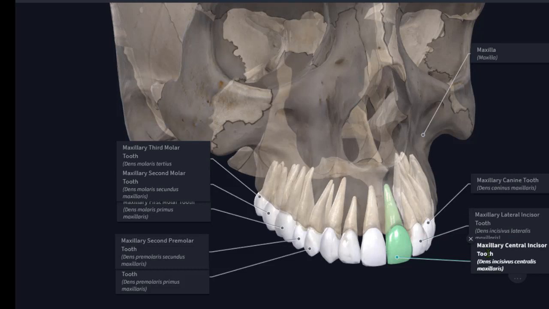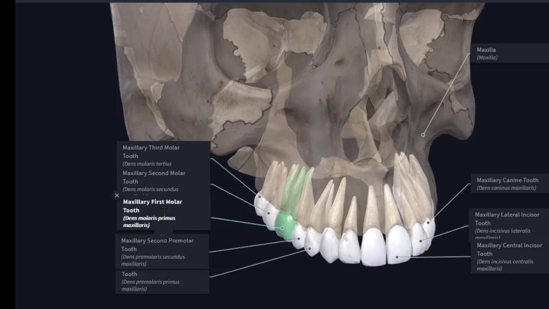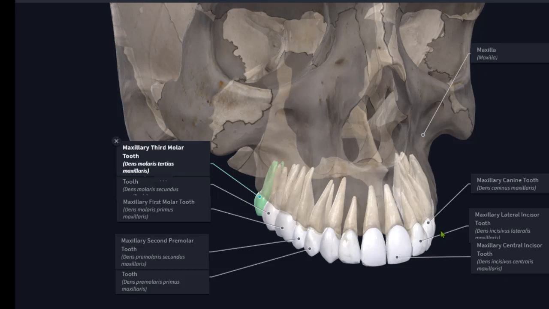Like that you will find the other teeth, that is the maxillary second premolar tooth that you can observe over here. This is the second premolar tooth, and here this is your first molar tooth, and this is your third molar tooth. And in this way you will find the maxillary teeth.